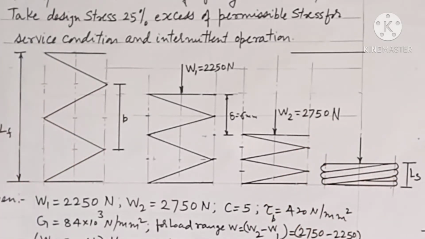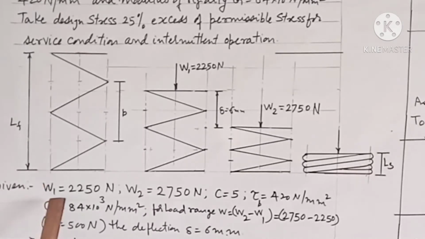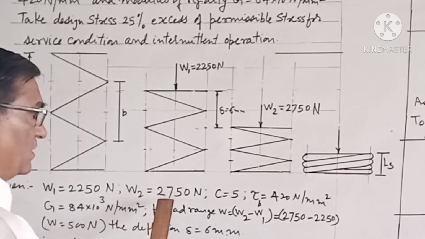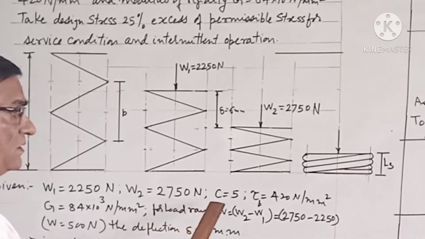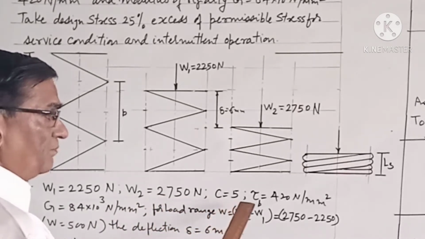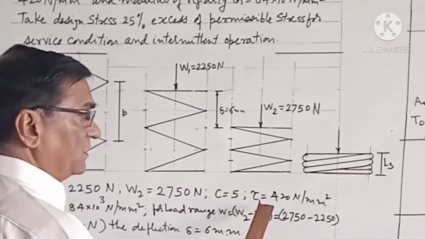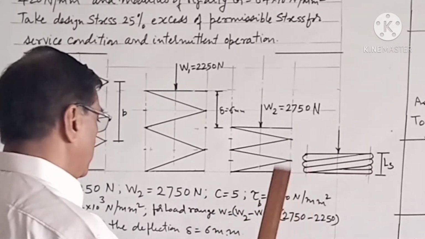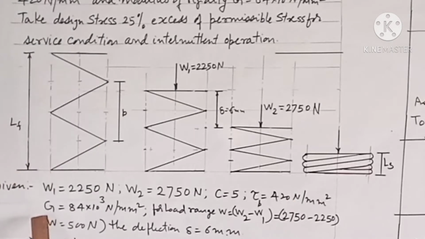Now data given: W1 is equal to 2250 Newton, W2 is equal to 2750 Newton, C spring index is equal to 5, tau permissible is equal to 420 Newton per mm square, G modulus of rigidity is equal to 84 into 10 raised to 3 Newton per mm square.